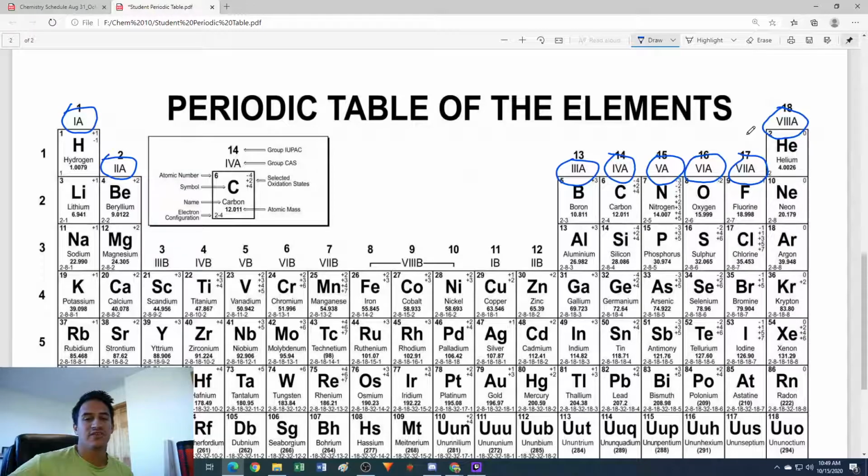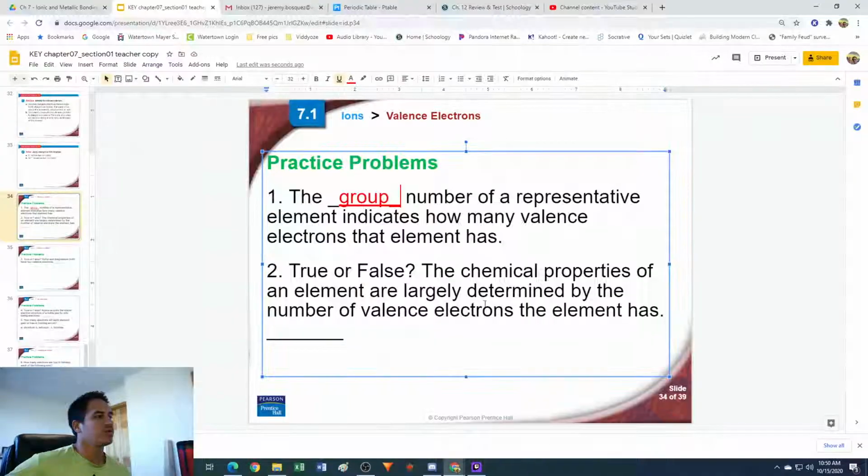Those are the representative elements, and the group number is the column number. So this is column 1. This is column 2. This is column 3, all the way up to column 8. All right? So that column number will tell you how many valence electrons an element has that's in that column.